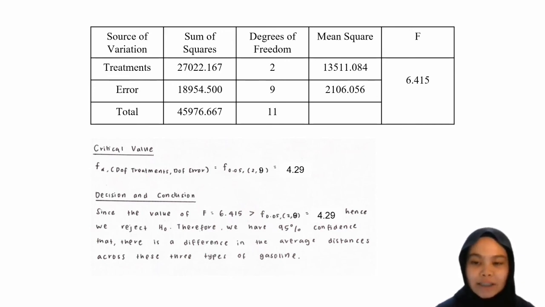For the decision and conclusion, since the value of F equals 6.415 is greater than F 0.05, 2, 9 equals 4.29, hence we reject null hypothesis. Therefore, we have 95% confidence that there is a difference in the average distances across these three types of gasoline.